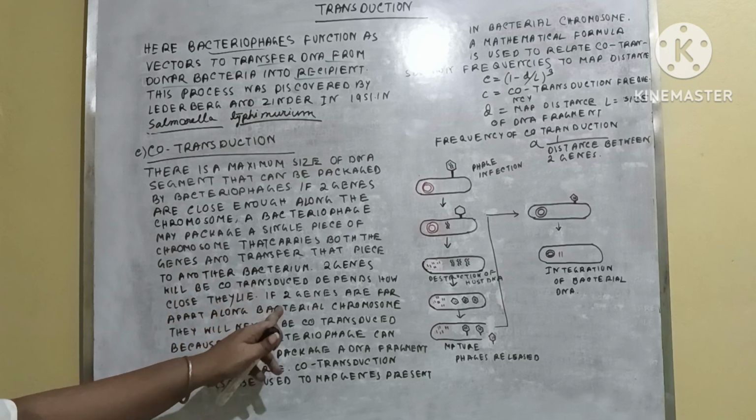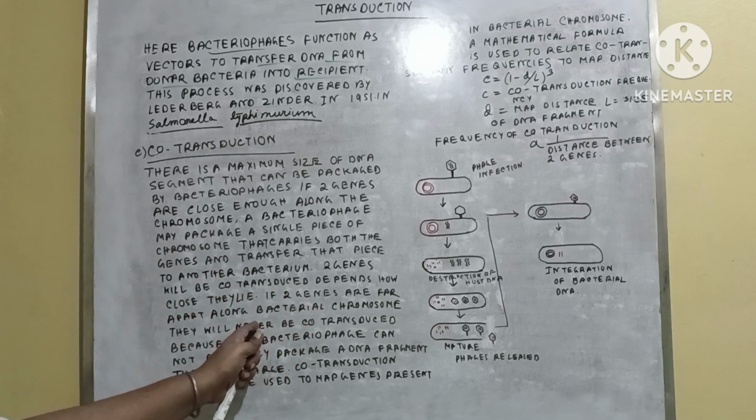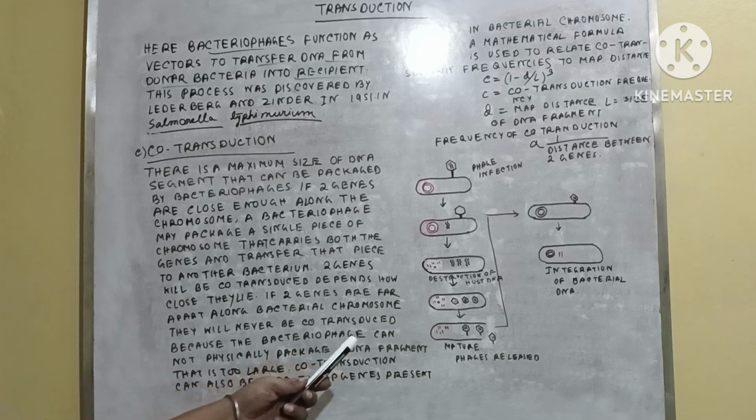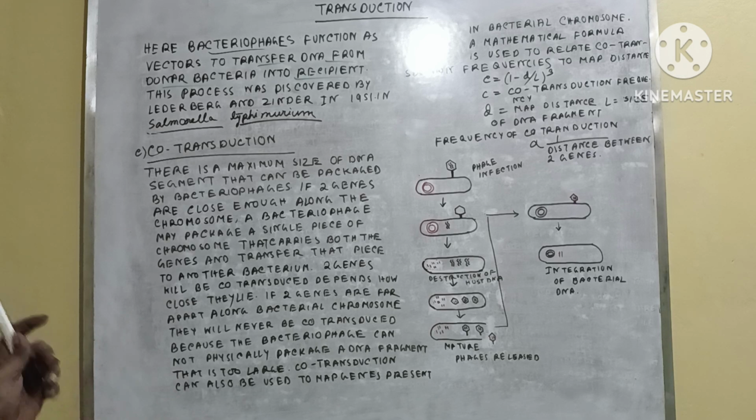But if the two genes are far apart along the bacterial chromosome, they will never be co-transduced, because the bacteriophage cannot physically package a DNA fragment that is too large. If the DNA is closely linked and small in size, it is packaged by the bacteriophage. And co-transduction can also be used to map genes.